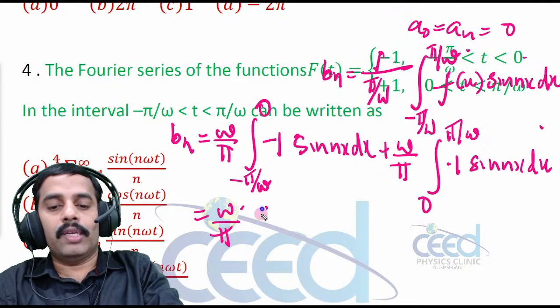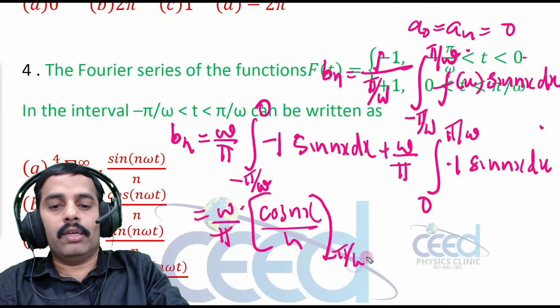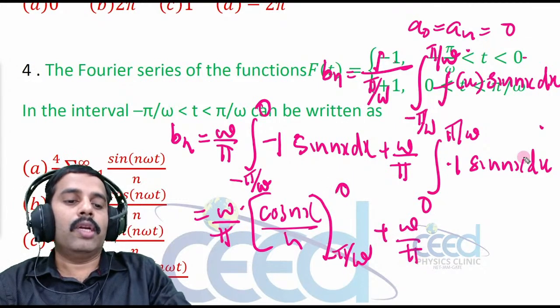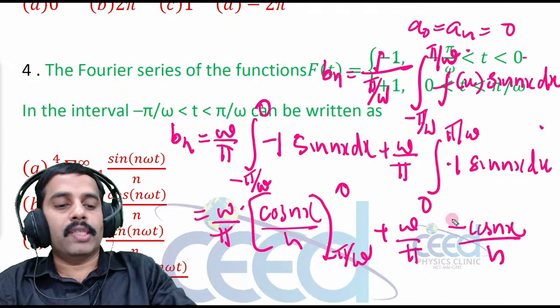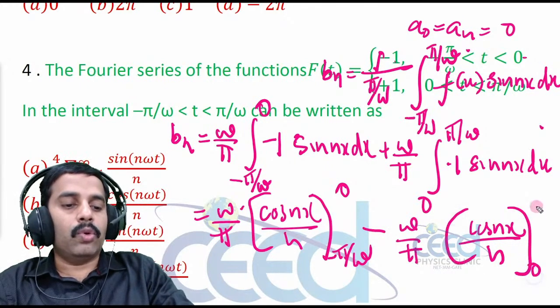Minus cos nx by n. So this will be cos nx by n from minus pi by omega to 0 plus omega by pi into, here also this is minus cos nx by n. So that minus I can keep here. Okay. Limit is 0 to pi by omega.